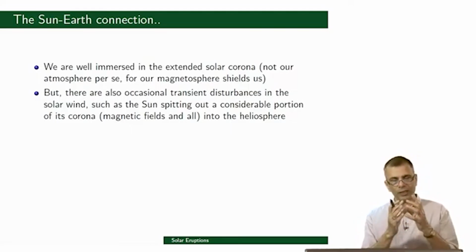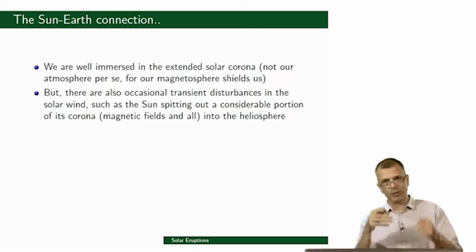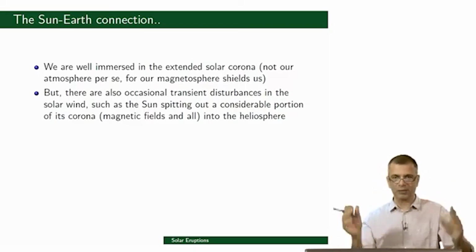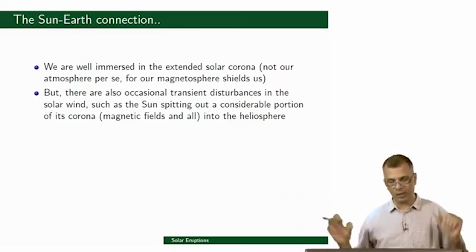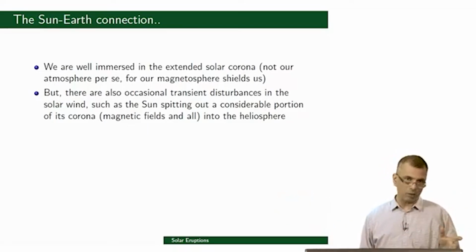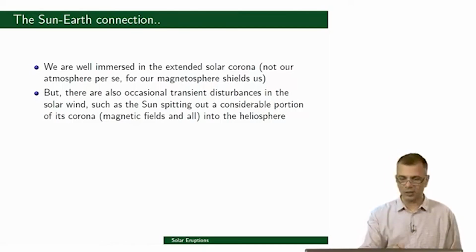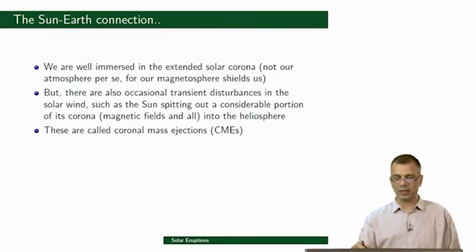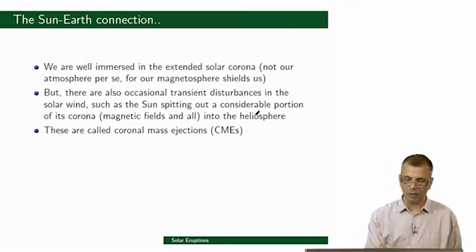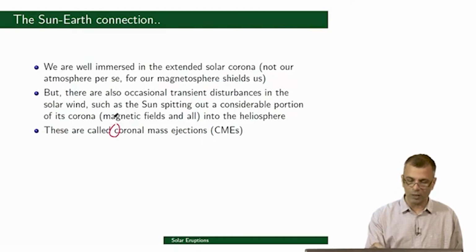It's as if it takes some of its upper atmosphere and throws it out, along with the magnetic fields and plasma and everything, out into the general heliosphere. And of course, it's not every time that these ejections reach the Earth. These kinds of things are called coronal mass ejections, CMEs, for the C, the M and the E.